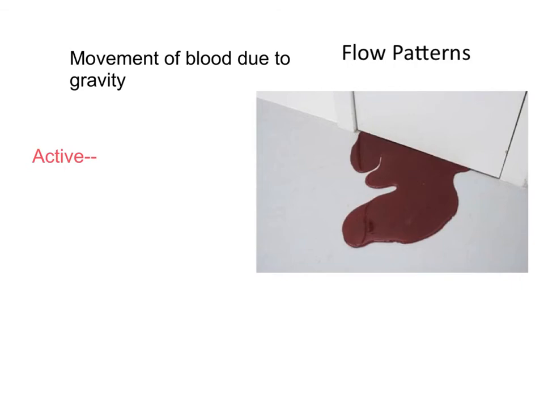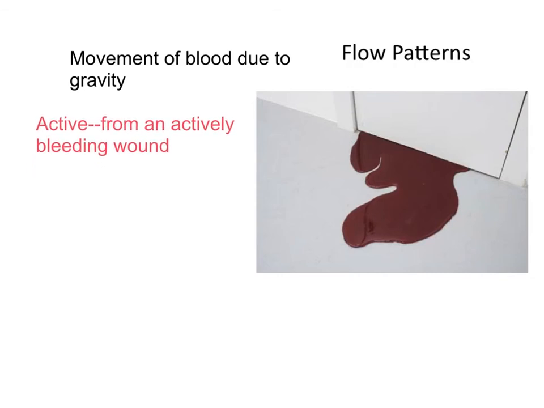It's coming from an actively bleeding wound. Remember, once a person is dead, their heart is no longer beating, and so the blood no longer is being pumped. It's going to just be due to flow from an actively bleeding wound, or location, I guess, in that sense.